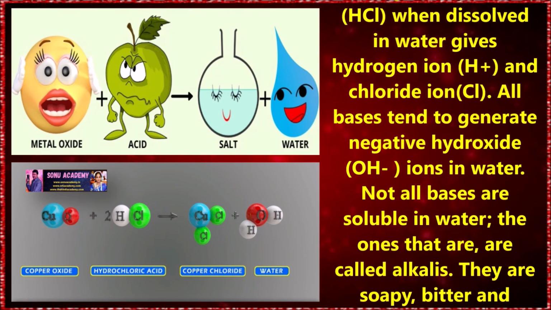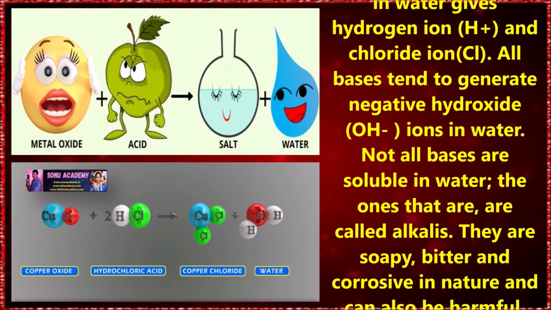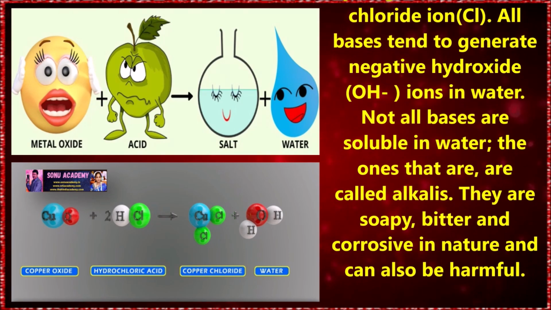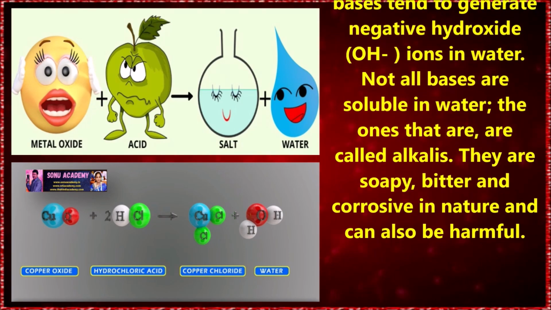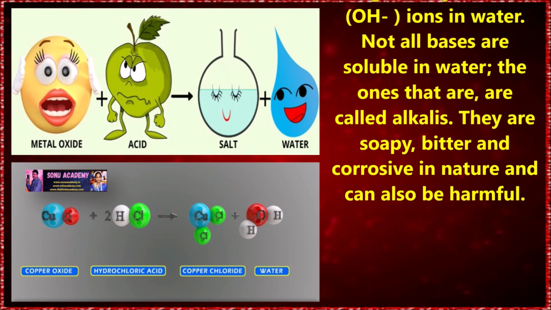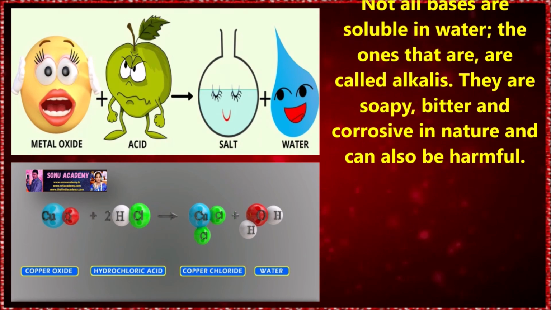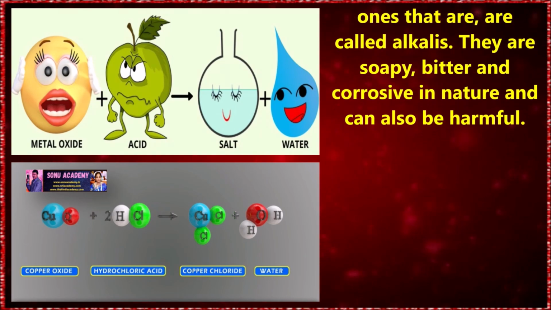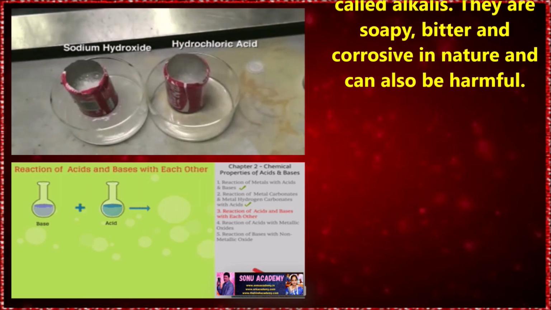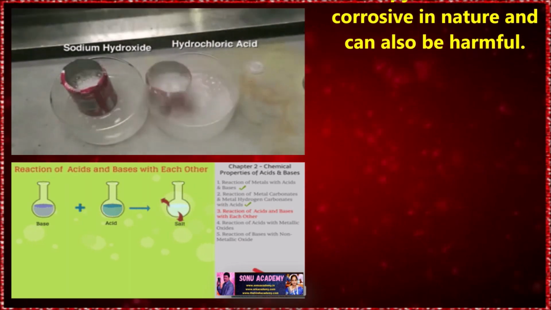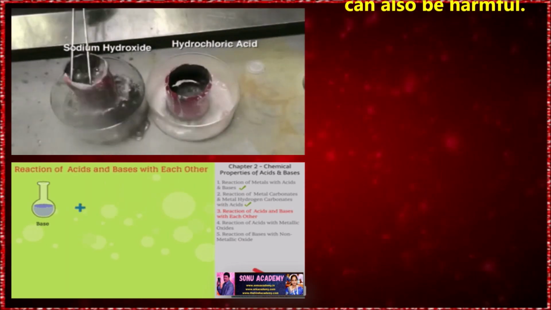All the bases tend to generate hydroxide OH minus ions in water. Not all bases are soluble in water. The ones that are soluble are called alkalis. They are soapy, bitter and corrosive in nature and can also be harmful.